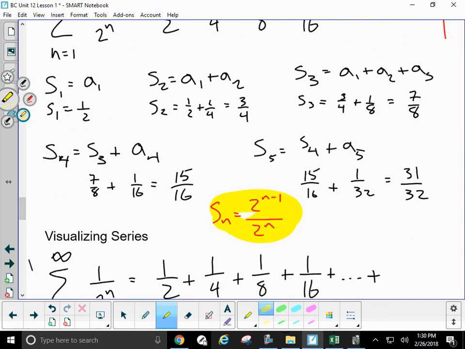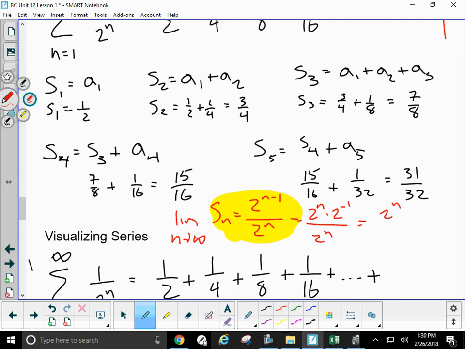If you look at the limit as this approaches infinity, you can rewrite this as 2 to the n times 2 to the negative first over 2 to the n. This simplifies to 2 to the n over 2 to the n times 2. If I looked at that approaching infinity, that'd give me a half, which is not 1. So I think I made a mistake somewhere.